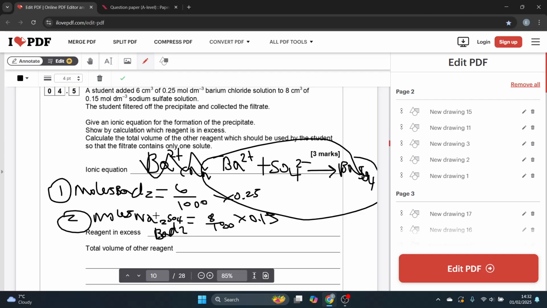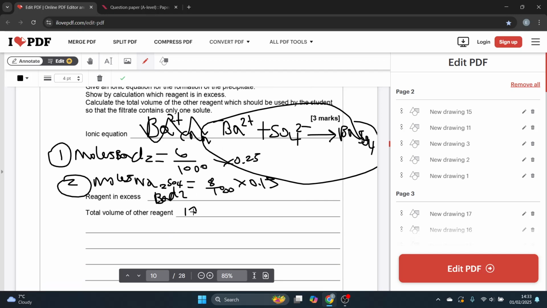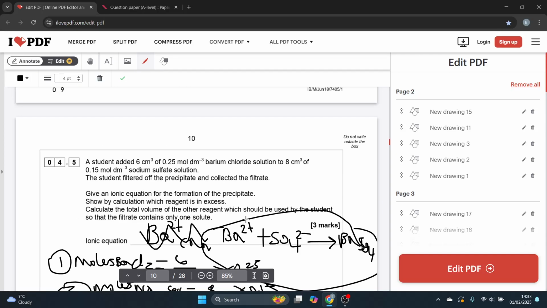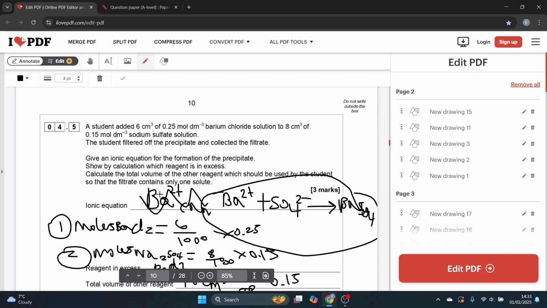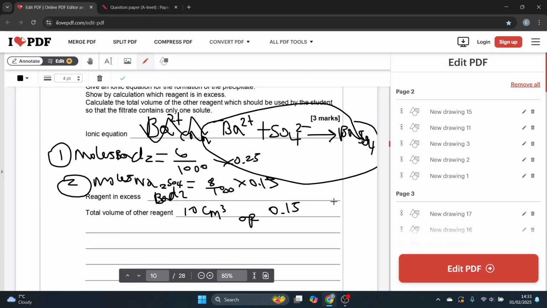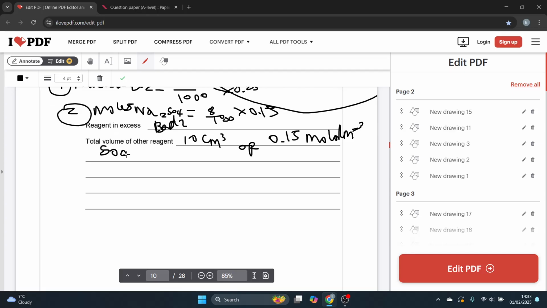The other reagent is obviously going to be sodium sulfate. So the filtrate contains only one solute. It's going to be 10 cm cubed of 0.15 mol dm-3 sodium sulfate, because then I'll get the same amount of moles for barium chloride and sodium sulfate.